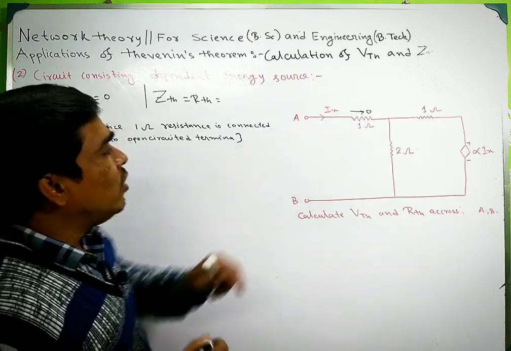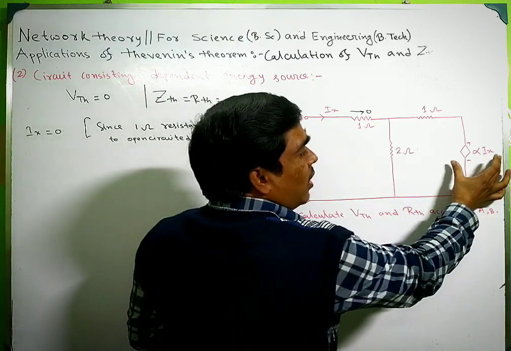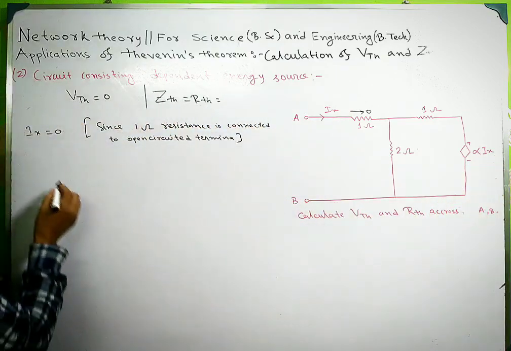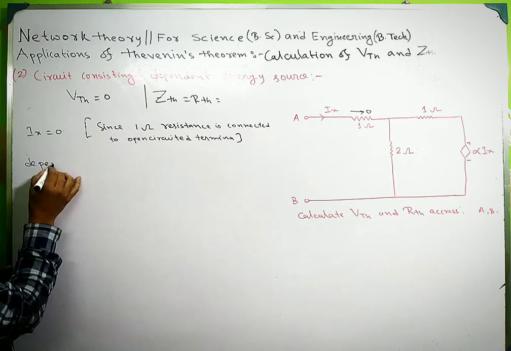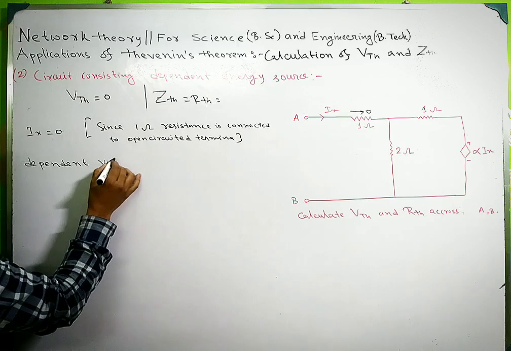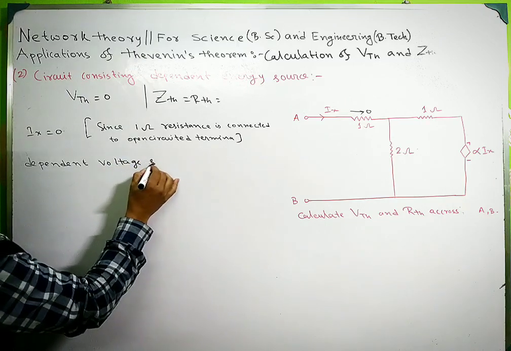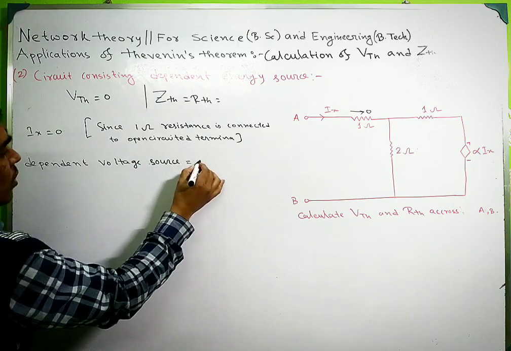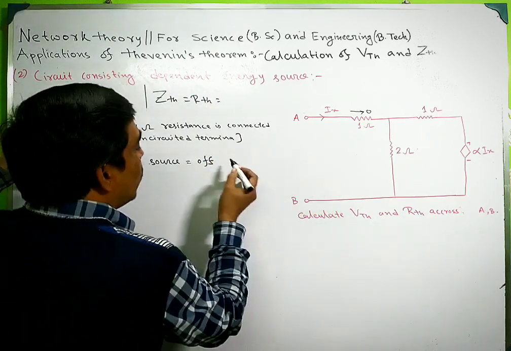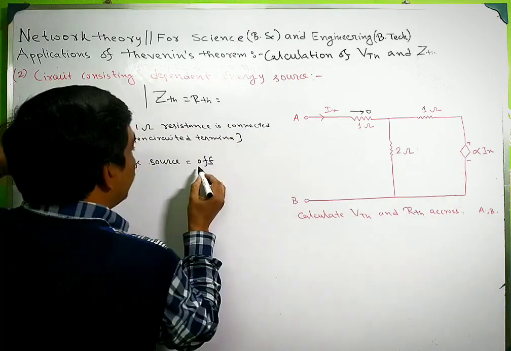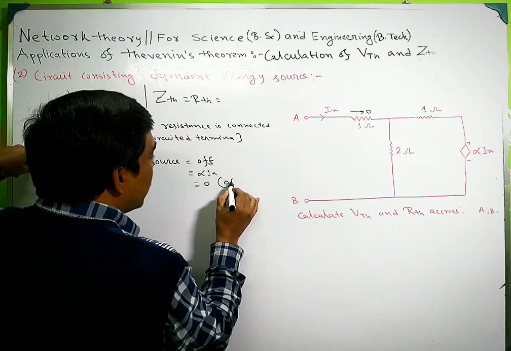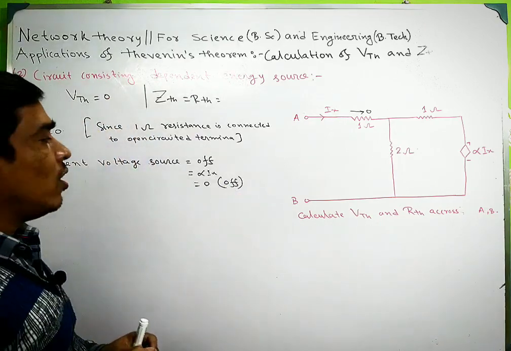If Ix is 0, then this dependent voltage source will be off, because Ix is 0. So this will be 0, so the voltage alpha Ix must be 0. That means this is the off condition.